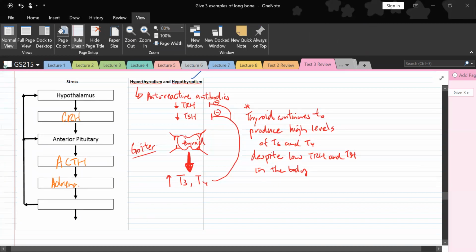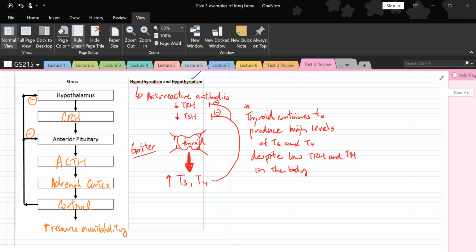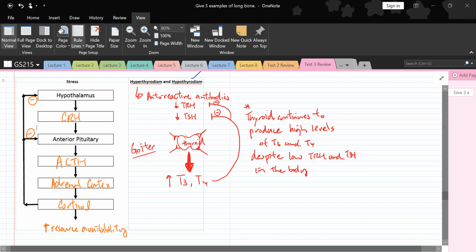This then goes to the adrenal cortex to release the mineralocorticoids and the glucocorticoids, but the one we'll be focusing on is cortisol, and that will increase resource availability. Normally there is going to be the negative feedback, but as we discussed last time, this negative feedback can be overridden by your central nervous system if the person is experiencing chronic stress.